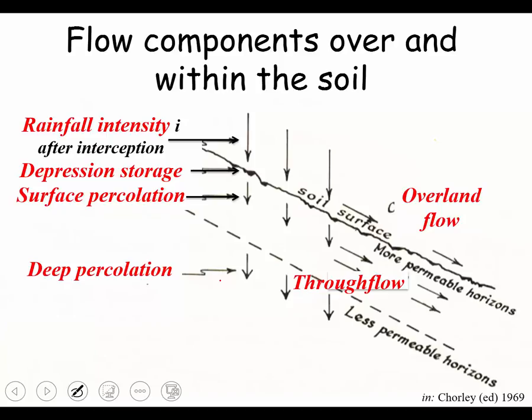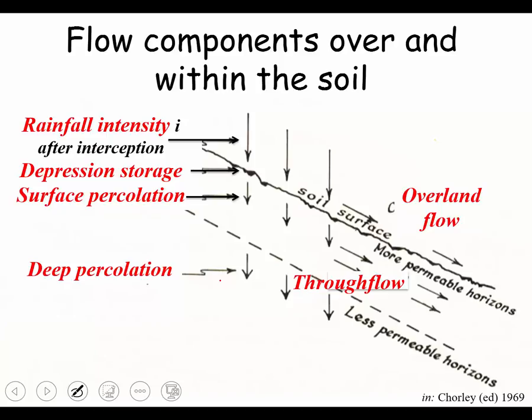Now, something happens with the water as it begins to infiltrate into the ground. Quite often we'll run into layers of different permeability. It's not uncommon for the surface layer to be more permeable than the lower, deeper layer. That might be because of weathering, it may be colluvium. In fact, if you recall when we were talking about slope stability and the transition from the weathered zone to the bedrock, that was often a potential plane of weakness.